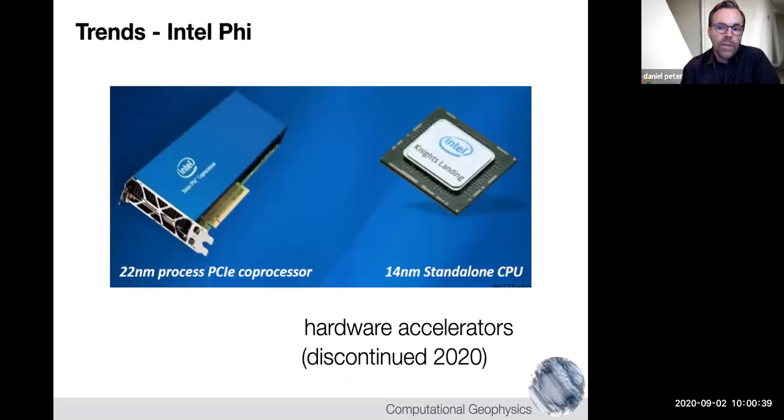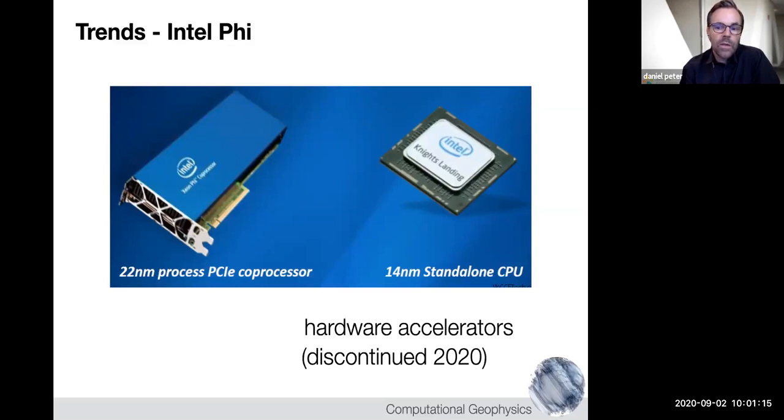And then there also came hardware accelerators. Intel had this program with the Intel Phi. So they had an additional hardware which was accelerating computations. It was really just used for computations. They call it the Intel Phi. And then they had these chips you could either plug into your existing hardware or use as an extra chip on your motherboard, for example.